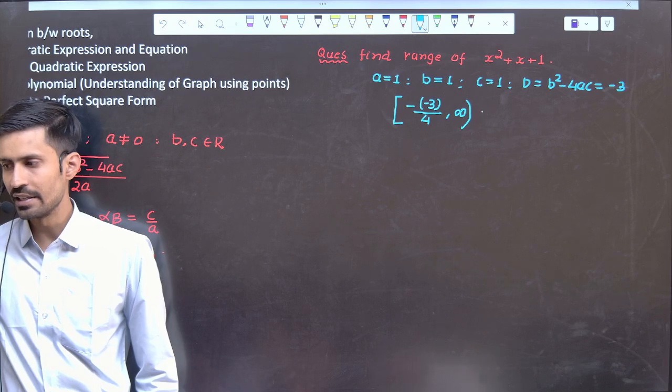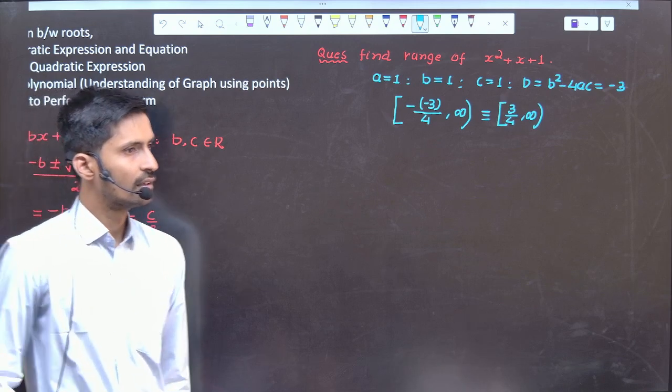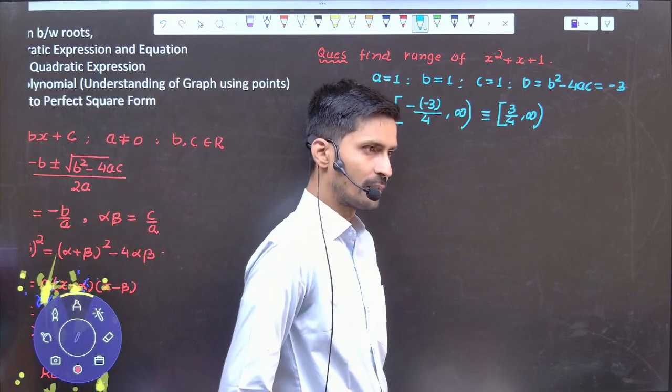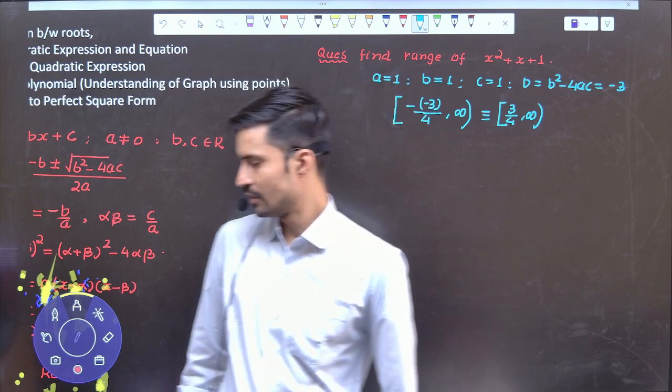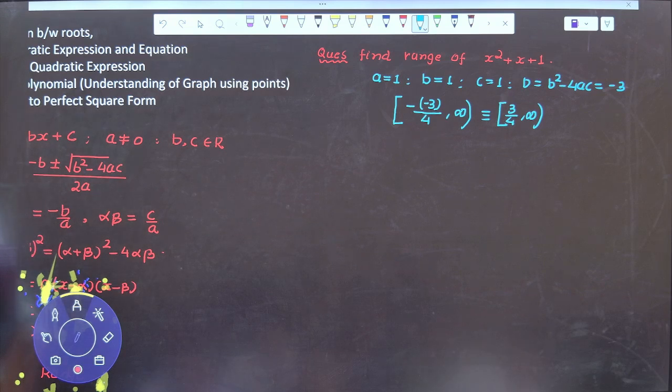And what will this give? Plus 3 by 4 to infinity. Understood? Yes?